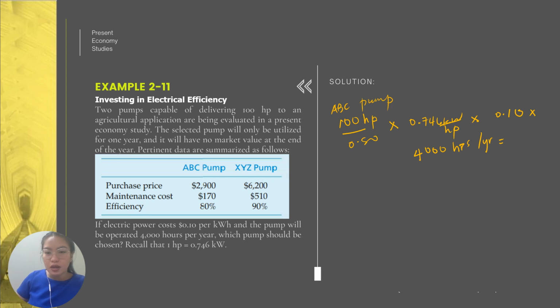Some of the units cancel, and then you will get a result of $37,300.